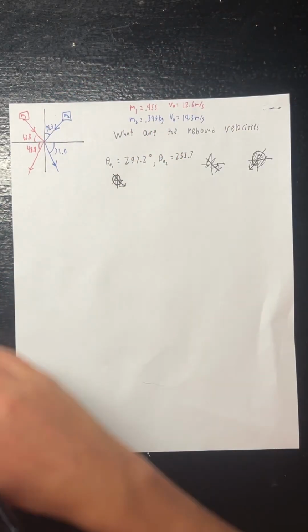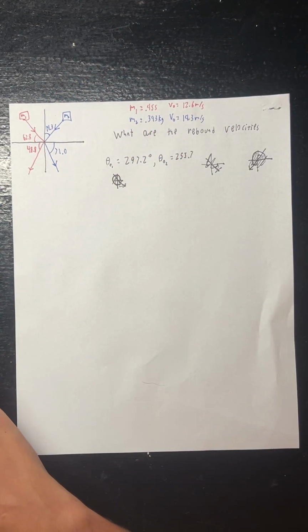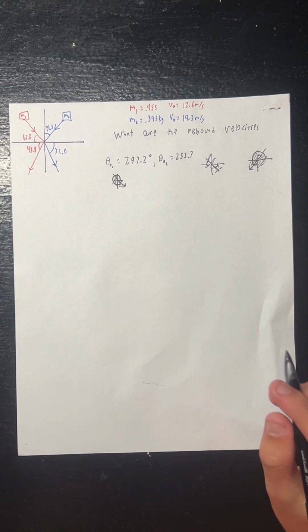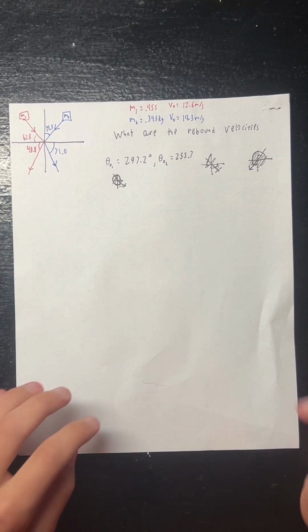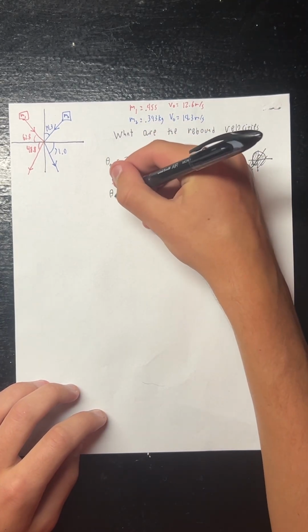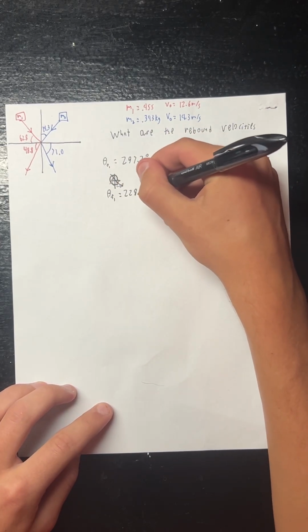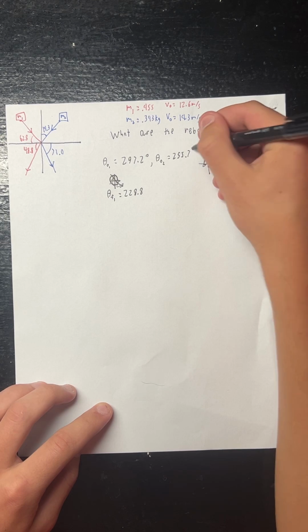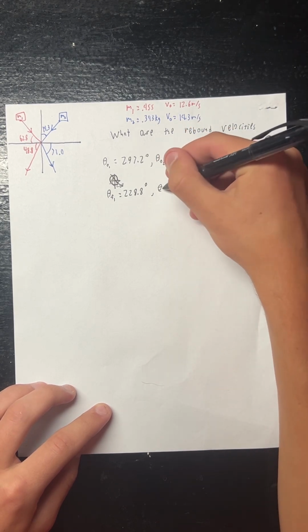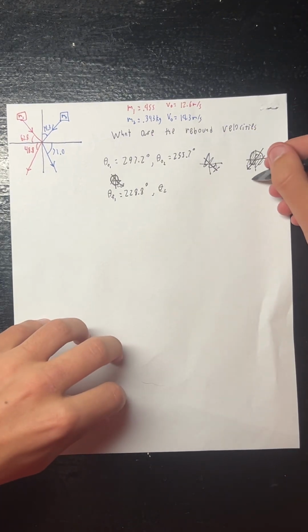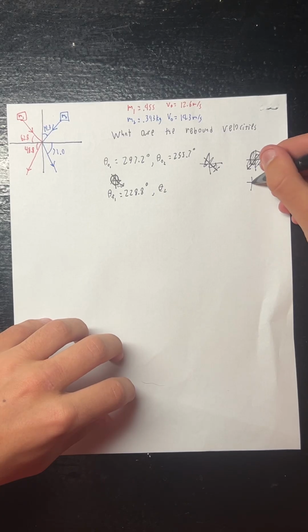We can do 180 plus 48.8, and that's 228.8. So our theta final 1 equals 228.8 degrees.